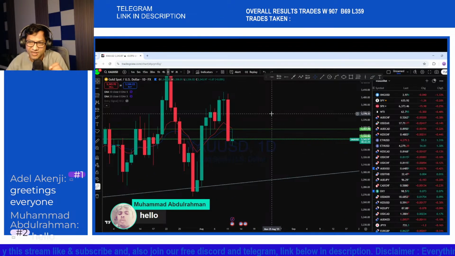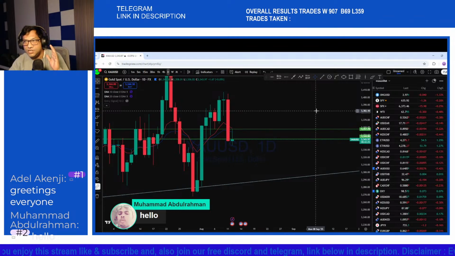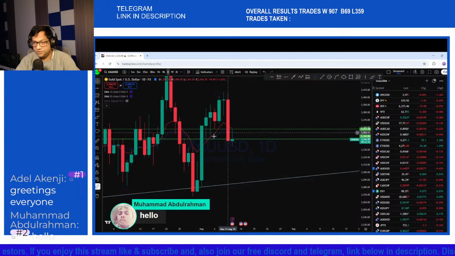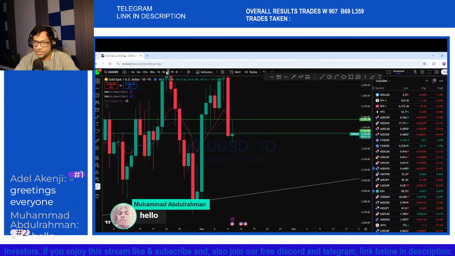So far the market has reached early to this previous support and resistance at 3357. As you guys have seen, from that level there is a very sharp rejection back below in this market.